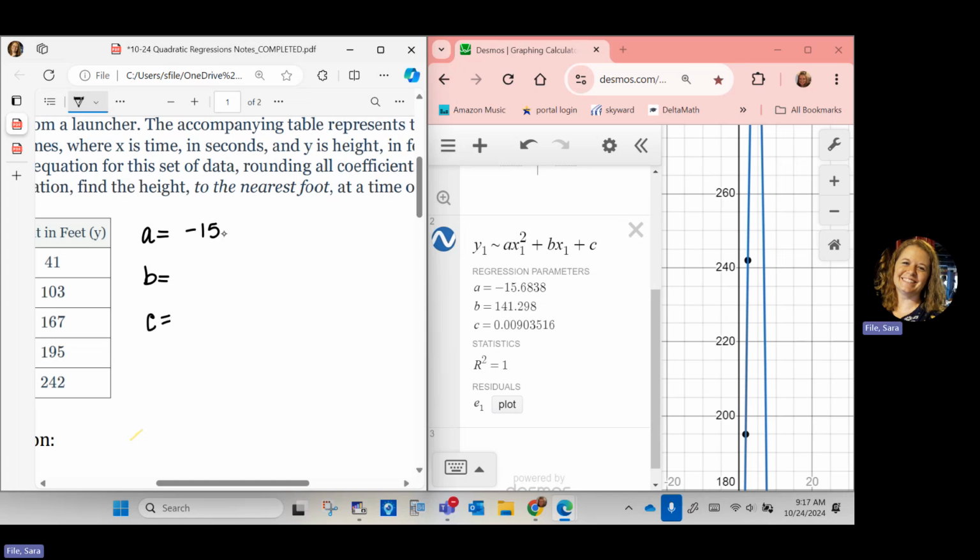I got negative 15.6838. Got 141.298 and 0.00903516. Yes. What's up? All right, so I've got that information. So now I want to write the regression model.